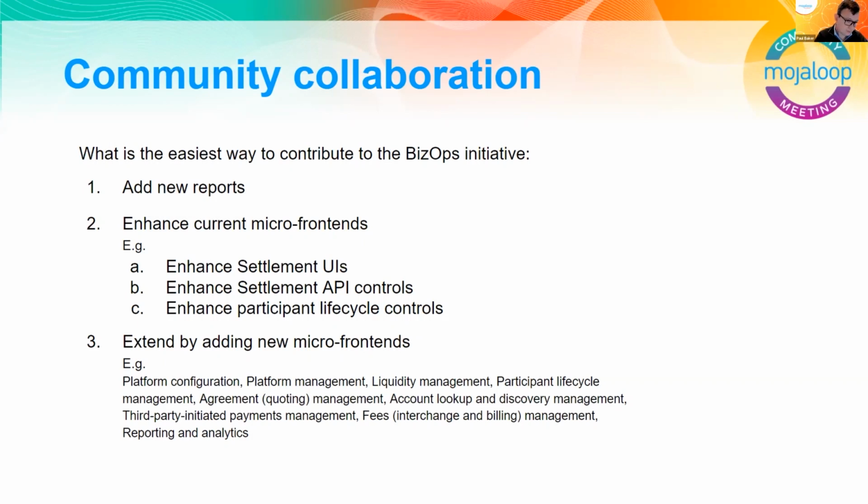Next is to enhance the micro front ends that are built at the moment. For example, you could extend the settlement UI, improve the UI, or the backend settlement API controls. Obviously, there's a tight correlation between those, and then enhance participant lifecycle controls, etc.